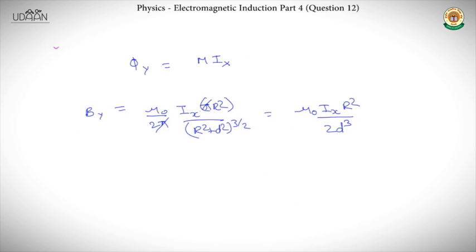Right. So the flux in the smaller ring would be B into the area of the smaller ring, pi into small r square. So that's nothing but mu naught Ix R square by 2 d cube into pi into small r square.